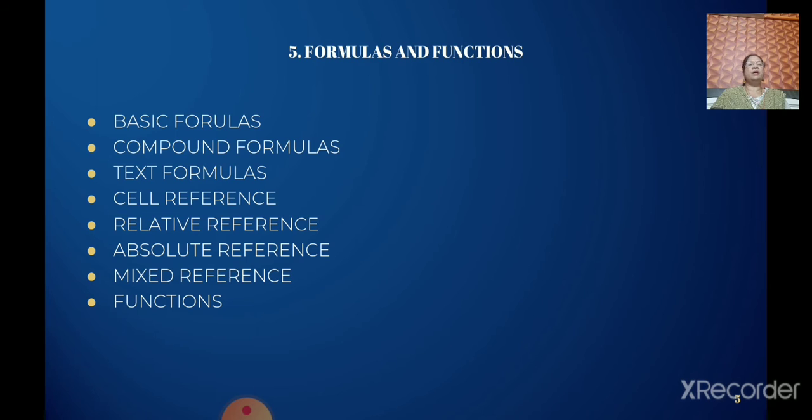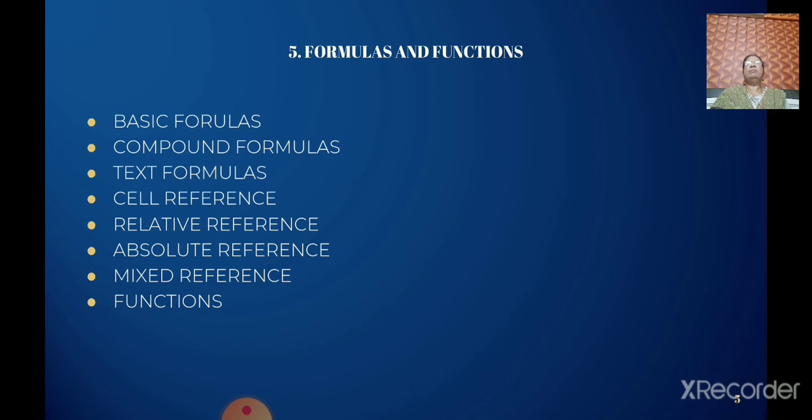That means we have to fix the particular cell. How will you fix it? Suppose you want to fix cell A1, where A is the column and 1 is the row number. Then you will use a dollar sign: $A$1.